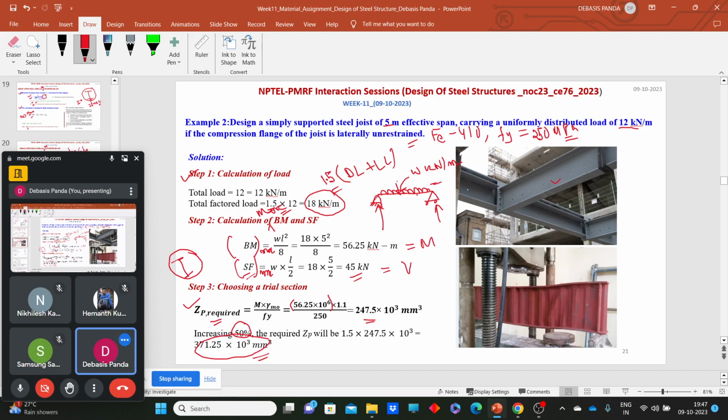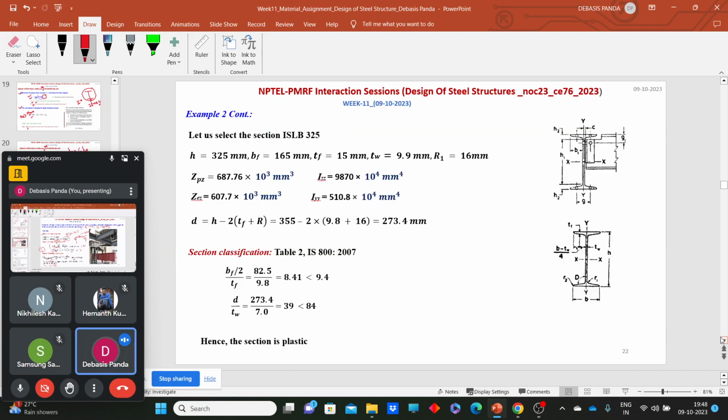If the medium weight section is not satisfying your condition, then go for the heavyweight section. As per the required ZP that we have calculated after increasing it, we need to select the section accordingly.